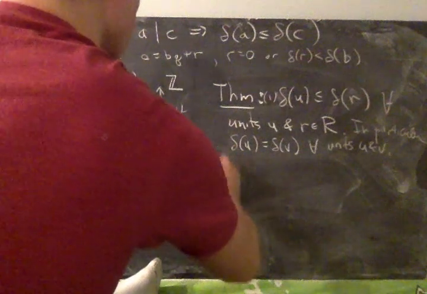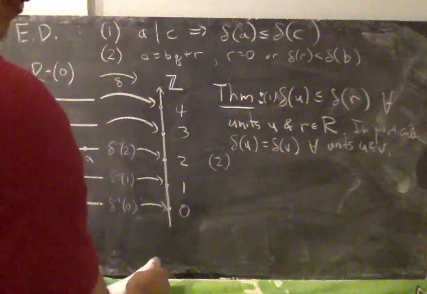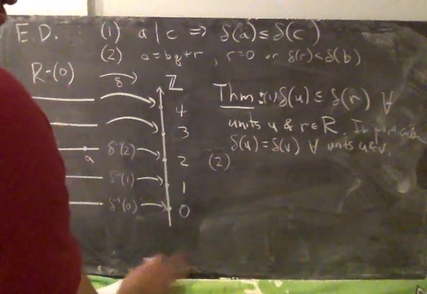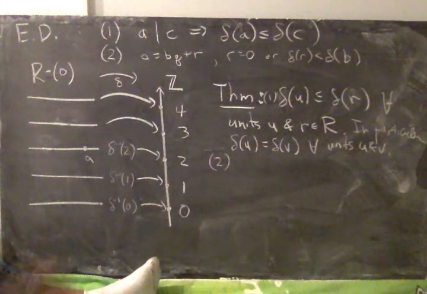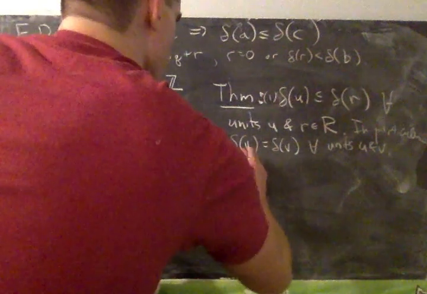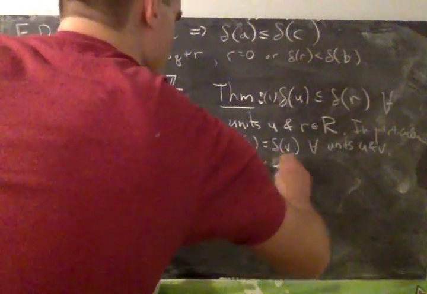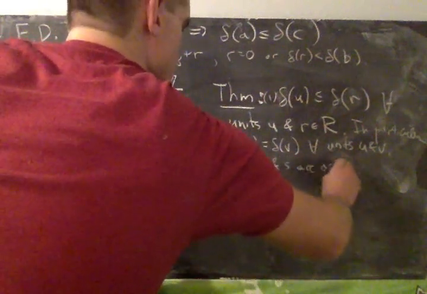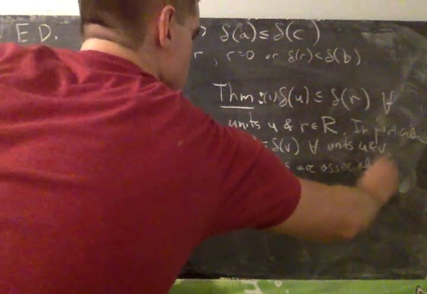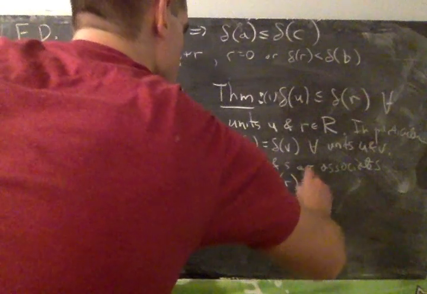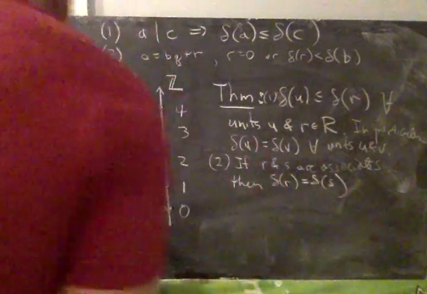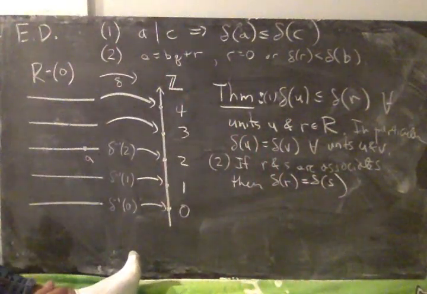Another thing is that if you have two things that are associates, they have to be on the same level of the hierarchy. So if R and S are associates, then delta of R equals delta of S.